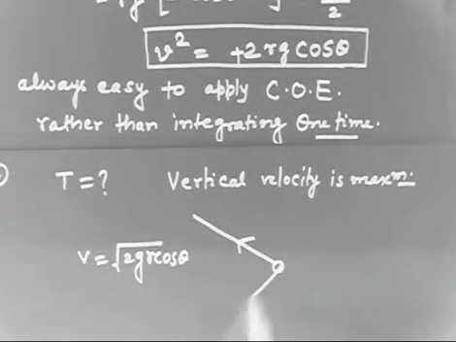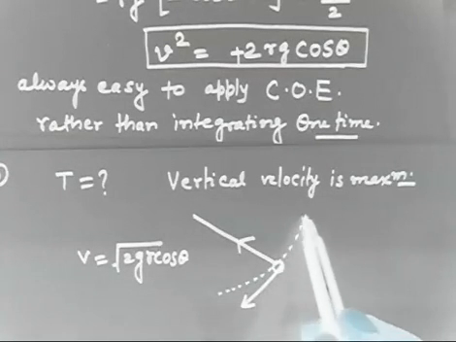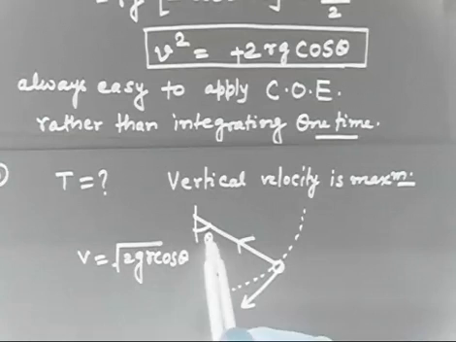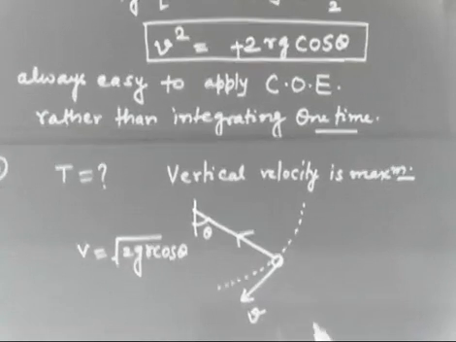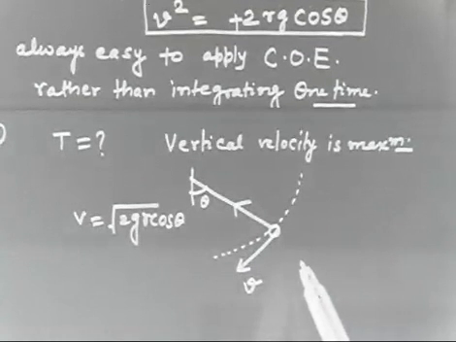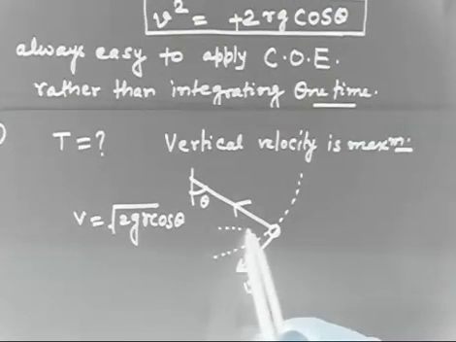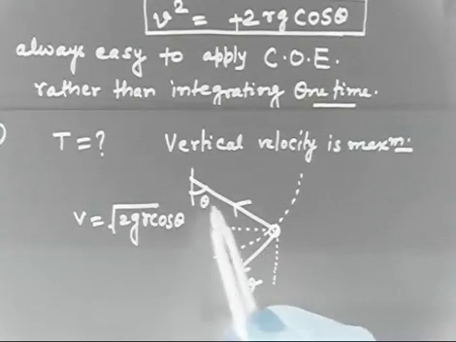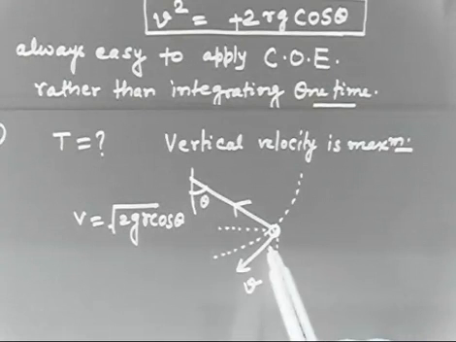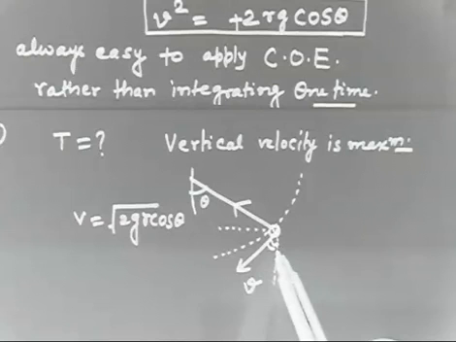Of course it is moving in this direction, with this angle theta. So what is the component of velocity in the horizontal and the vertical direction? If this angle is theta, the other angle is not theta, it is 90 minus theta. You can prove it.